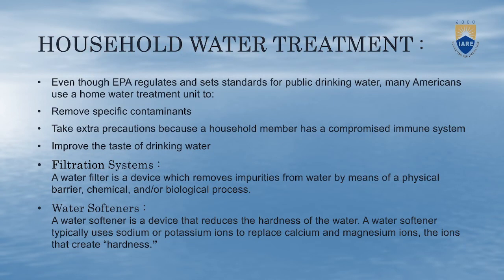Household water treatment. Even though EPA regulates and sets standards for public drinking water, many Americans use a home water treatment unit to remove specific contaminants, take extra precautions because a household member has a compromised immune system, or improve the taste of drinking water.